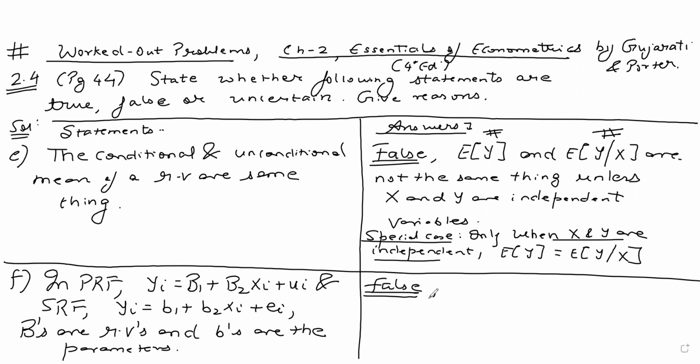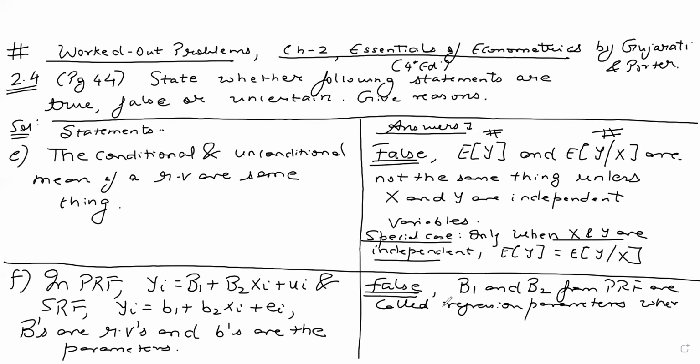The statement is false. Okay, because if you look at the population regression function, B1 and B2 are called the regression parameters, where B1 is the intercept parameter and B2 is the slope parameter.